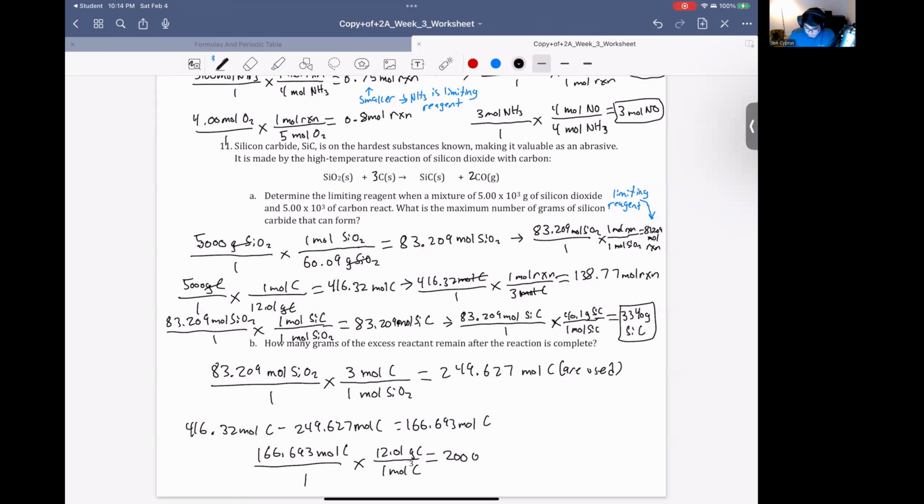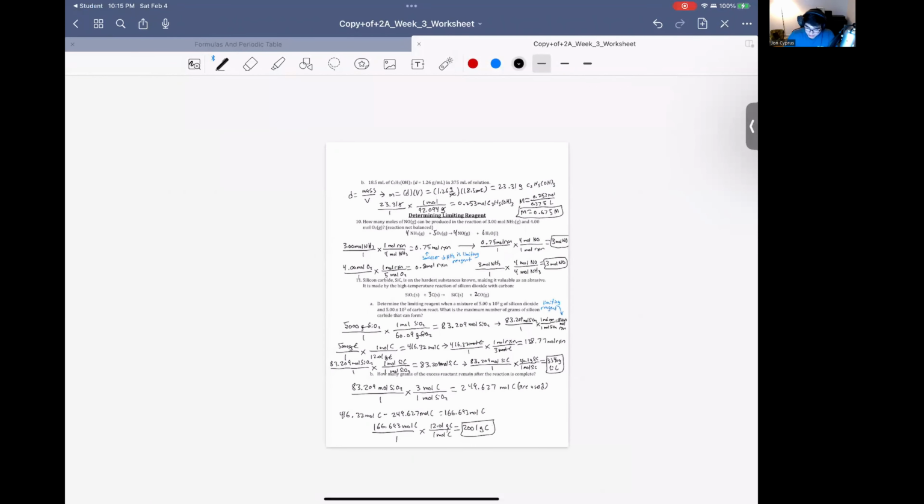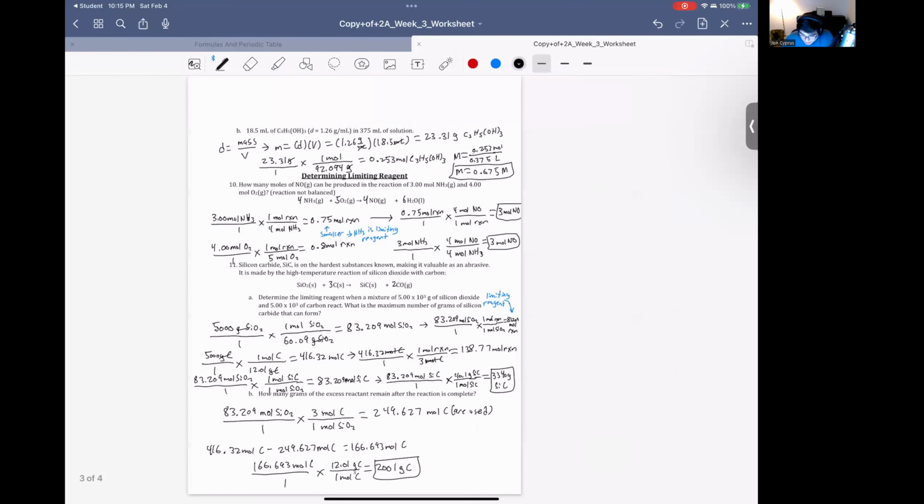So just 2001, that ends up being 4 sig figs here. We're just going to go with 2001. So 2001 grams of carbon are used up, or sorry, remain, not used up. Okay, so that's it for this one.